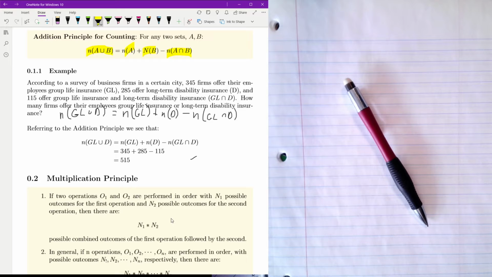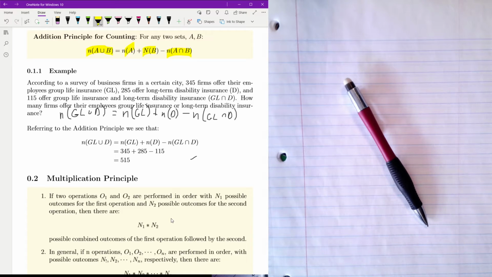Okay? So if I were to say there were 5 ways that you could walk to school, and then once you're at school, there are 3 ways you could walk to the cafeteria, that would tell you that in total, there are 5 times 3 ways you can walk from your starting point through school to the cafeteria.